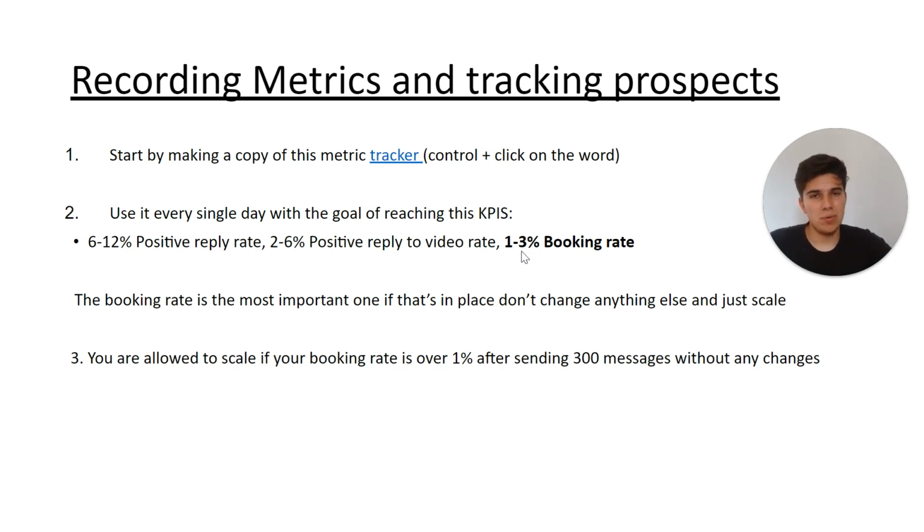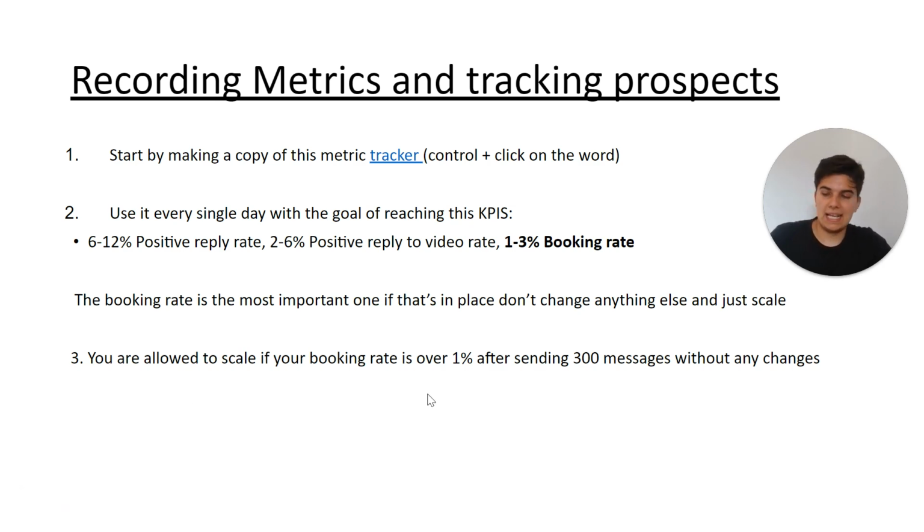Now, if you have a 1.5% booking rate but you only have a 5% positive reply rate, that's good. The main thing is that your booking rate is in check. If your booking rate is between 1 and 3%, you are free to scale it to the moon. Now, the most important thing is you don't focus on scaling until you get that to 1 to 3%, because until then, you are just going to be burning a lot of leads.